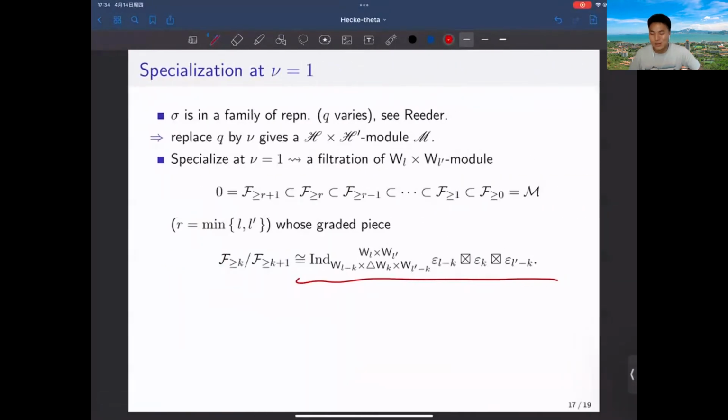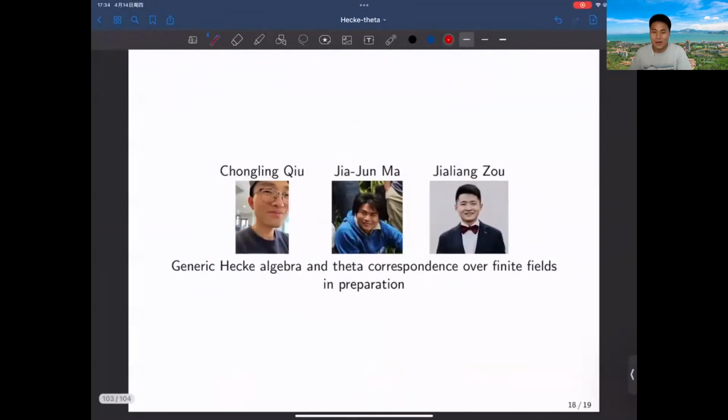Okay, so I think for the experts, you already see this will lead to the result of Aubert-Michel-Rouquier and Pan Shu-Yen's result for the theta correspondence between these Harish-Chandra series. Right, this is three of the authors of the work in preparation.